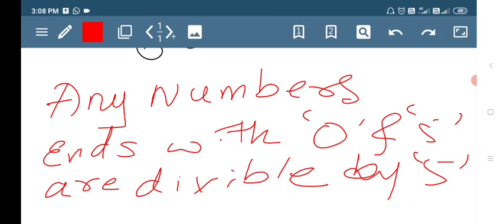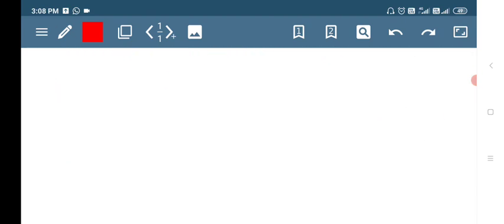Now the divisibility test for 2, or divisibility by 2.